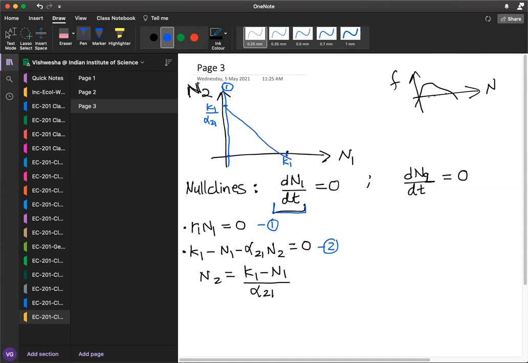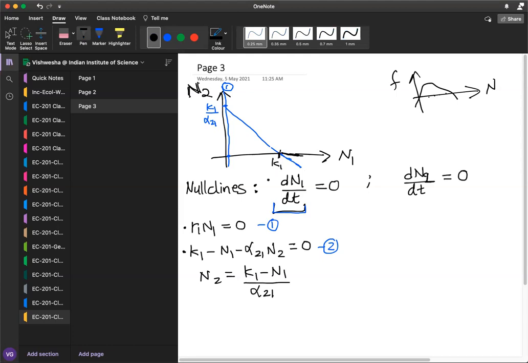Wherever it hits 0 becomes the K1, okay? So this value is K1.